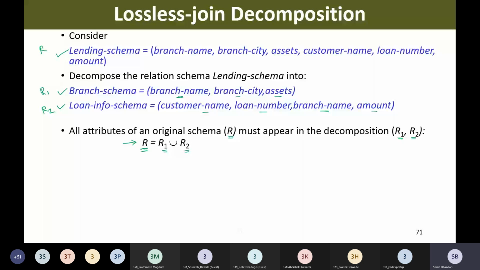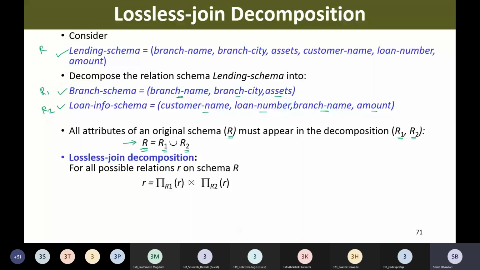What next? We need to check whether our decomposition is a lossless join decomposition, because we have seen the disadvantage of lossy decomposition, and we do not want it, because we cannot preserve the original data in a lossy decomposition. So ideally, we should come up with a lossless join decomposition.